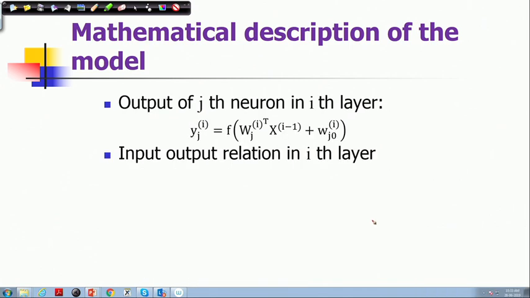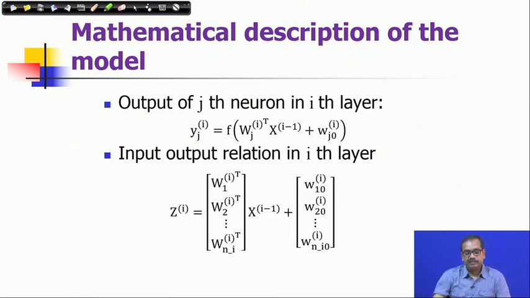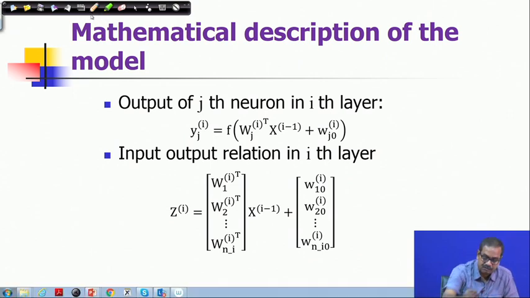If I consider the input output relation in the ith layer, then that can be described in this form. In the ith layer, you have once again n_i output neurons.